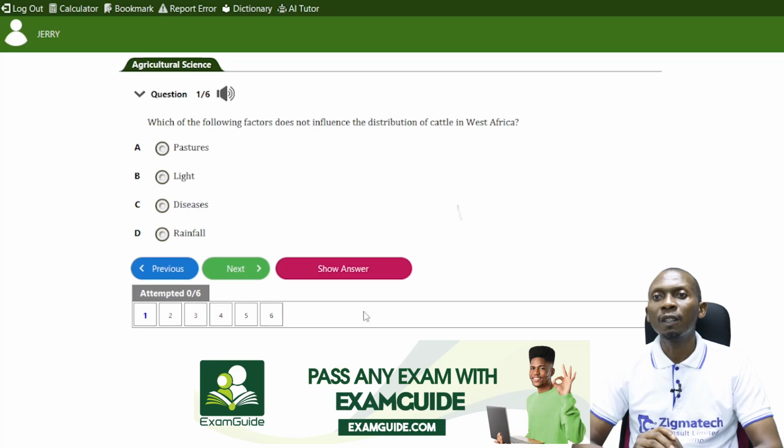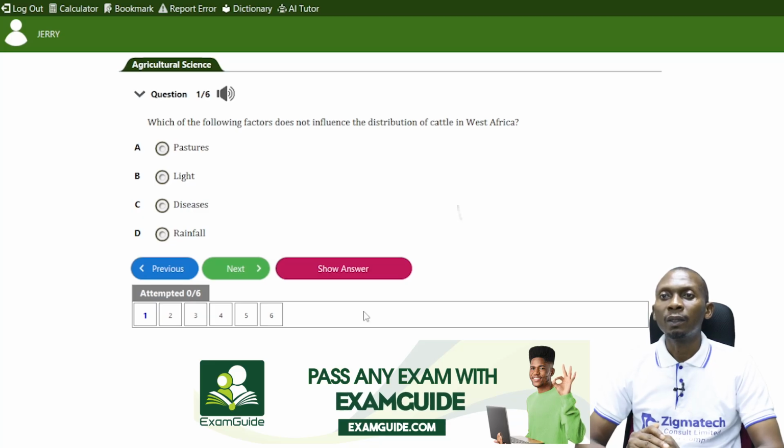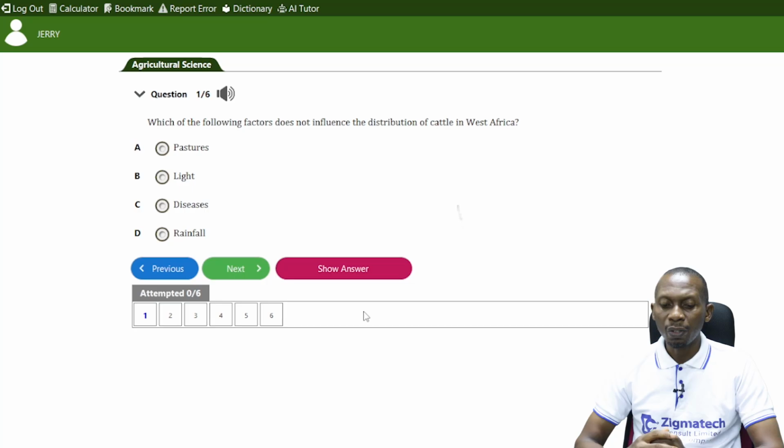This question says, which of the following factors does not influence the distribution of cattle in West Africa? Now, we're looking at factors that affect the distribution of animals. Here we have pasture, here we have light, here we have diseases, and here we have rainfall.